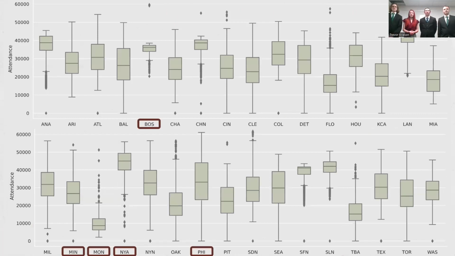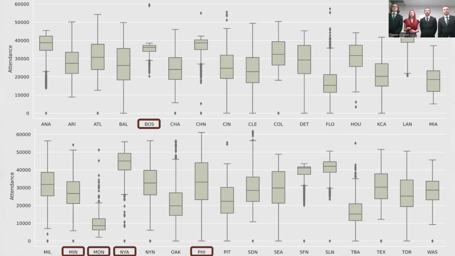And so here are box plots for all the different teams with the average attendance, and the Minnesota Twins are in the lower left-hand corner. And then to the right of them is the Montreal Expos, which have the lowest average attendance of all the different teams. And then to the right of them is the New York Yankees, which have the highest average attendance of all the teams.